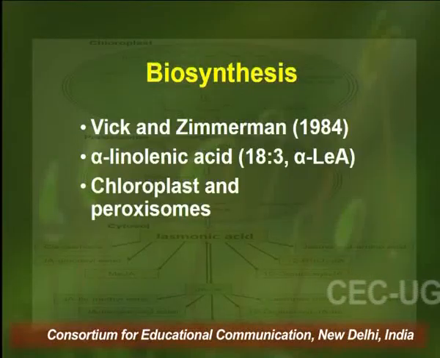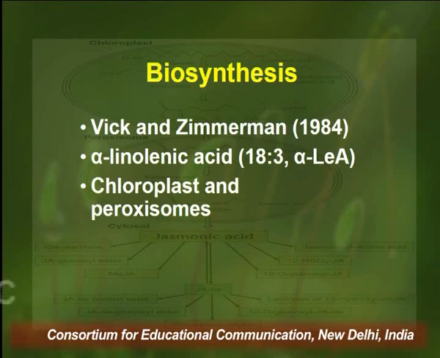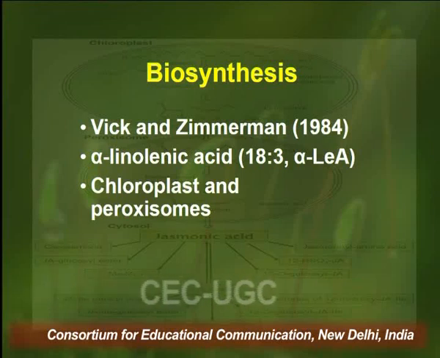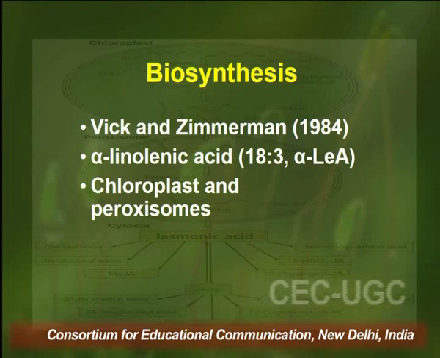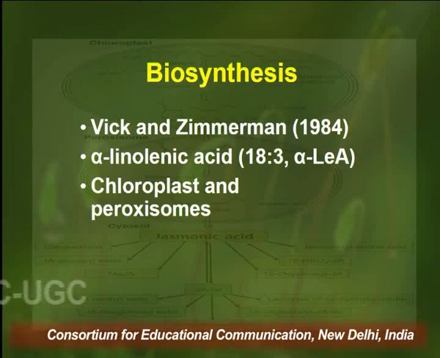Then in 1984, the biosynthetic pathway of jasmonic acid was elucidated by Vick and Zimmerman, wherein they stated that the biosynthesis of jasmonic acid or its derivatives takes place in the chloroplast and also in the peroxisome. They further reported that alpha-linolenic acid is the major precursor for the biosynthesis of jasmonates.